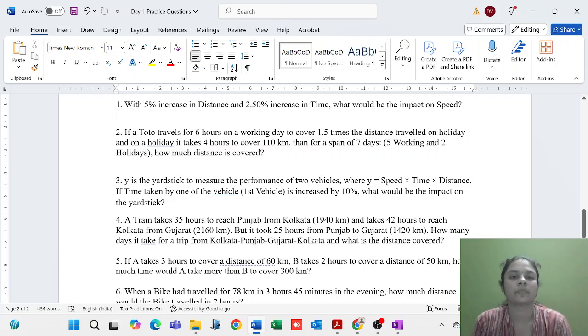Question number 2. If a Toto travels for 6 hours on a working day to cover 1.5 times the distance travelled on a holiday, and on a holiday it takes 4 hours to cover 110 kilometers, then for a span of 7 days, how much distance is covered?